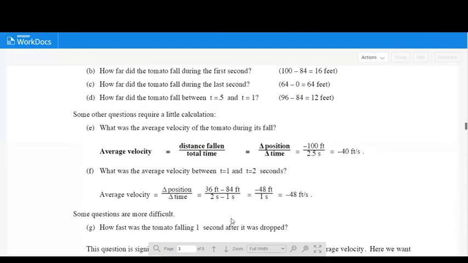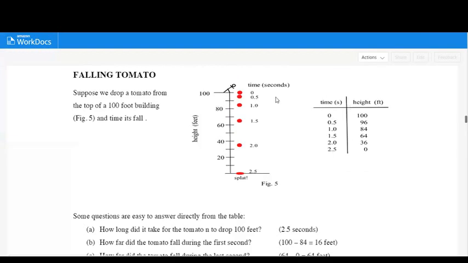So kung babalik tayo dito, so nag-start siya, medyo mahina pa yung pag-fall niya, pero as the time goes by, medyo mabilis na yung pag-fall niya. Kasi nga mataas na, or medyo malayo na yung distance ng kanyang na-travel.